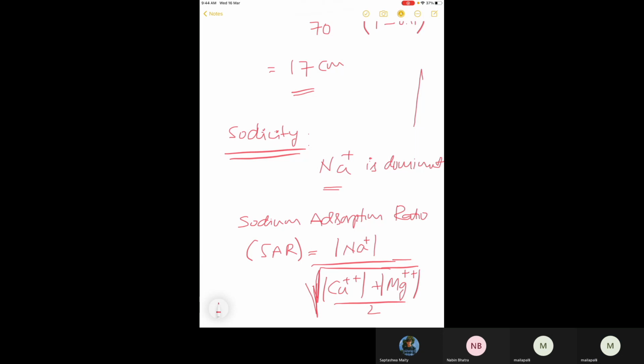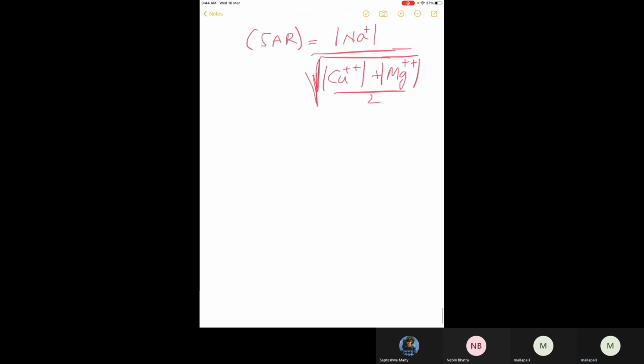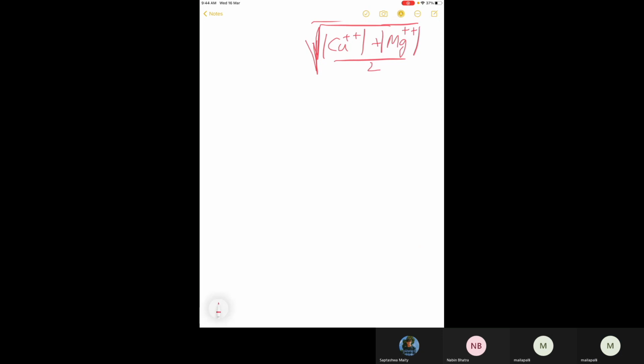So, for example, if ECiw... there is a table. I'll give you the reference to the table. If you have some time, just go through the table.